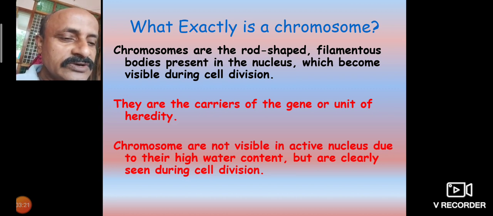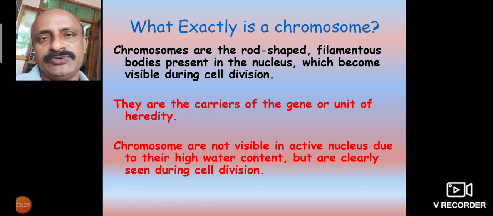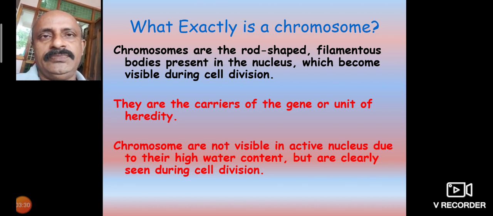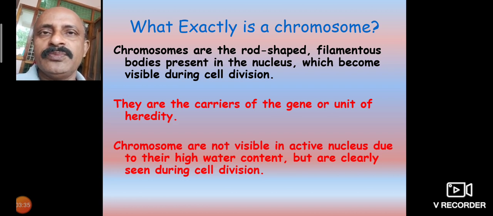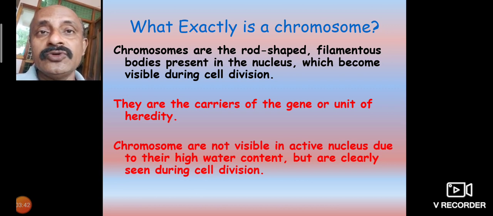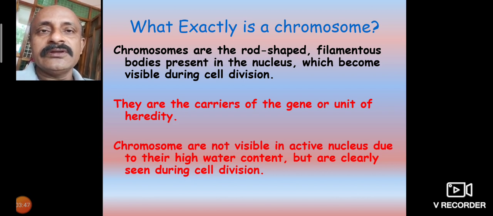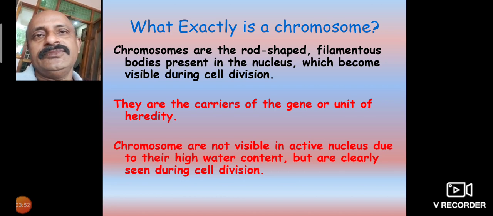So during the cell division, they can be seen under the electron microscope. The cell division means mitosis. How many stages of mitosis? First prophase, metaphase, anaphase, telophase. Four phases are there. The phase between the two cell divisions is called interphase, the growth phase.